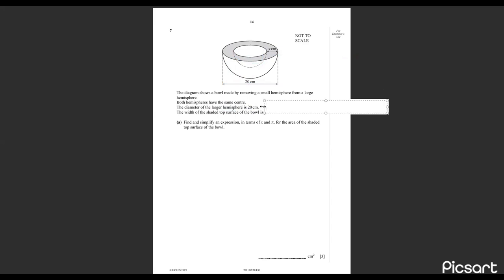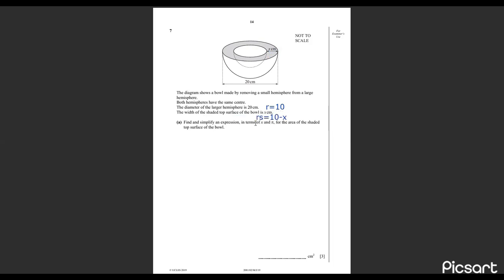And 99% of your right answer is your right analyzing and understanding of the question. Okay, the width of the shaded surface is x. So if you need to get this, you can say 10 minus x. So this one will have a radius. So you can say rs, the radius of the small one, is equal to 10 minus x.